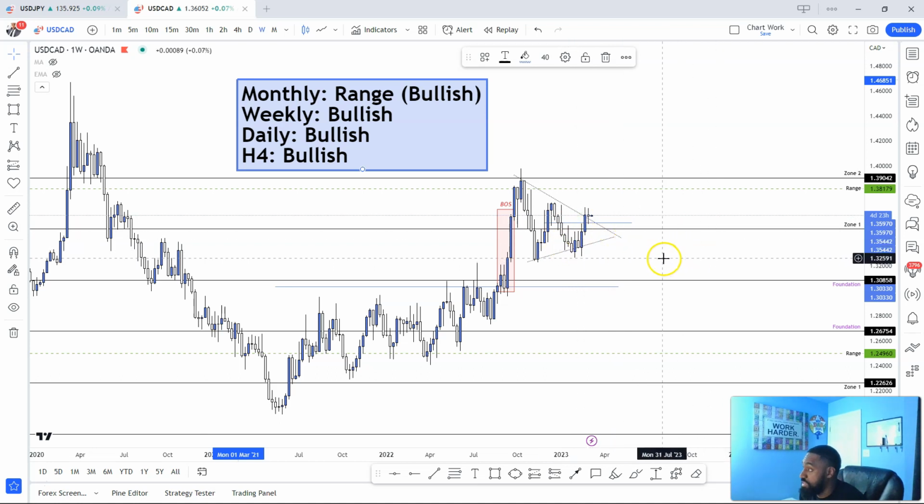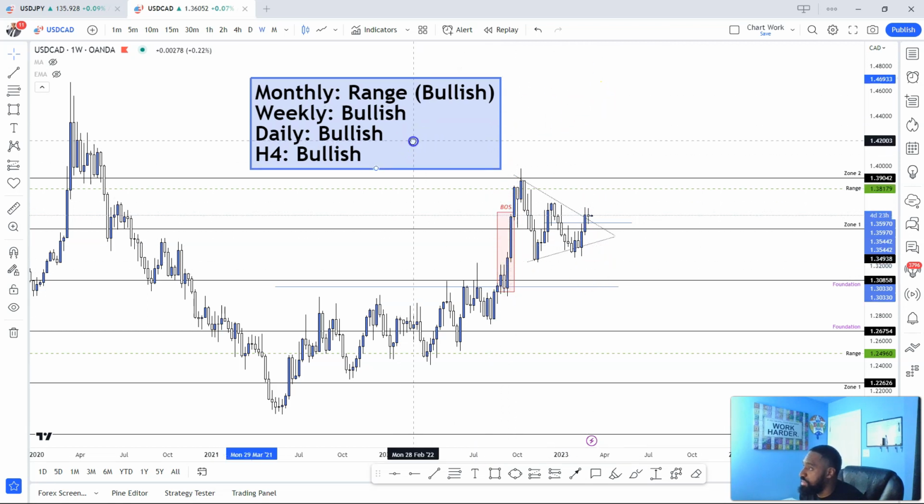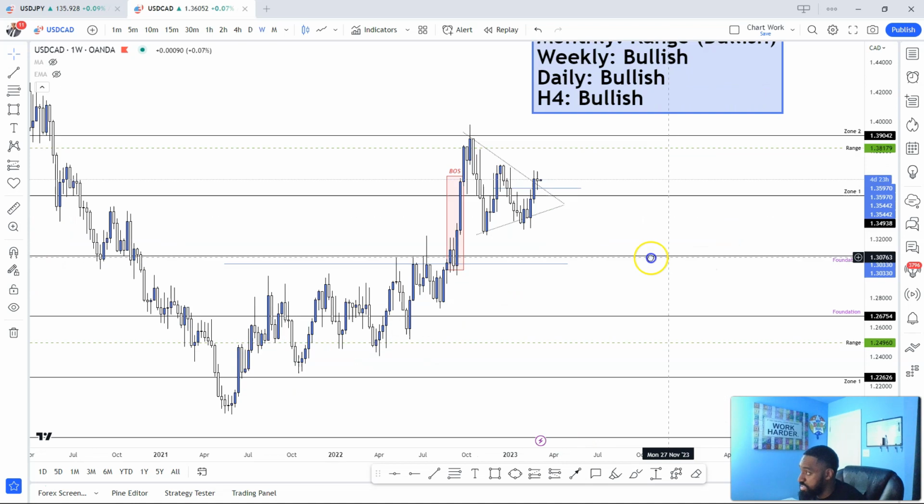If you want to call it a triangle, a wedge, I don't know. Some people see it differently, but I see it as a triangle, and as a continuation pattern based off the fact that this area right here was broken by these candles, and that's why I have this rectangle right here. But definitely still bullish.